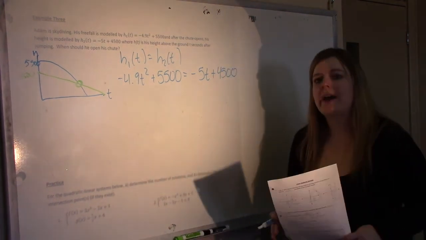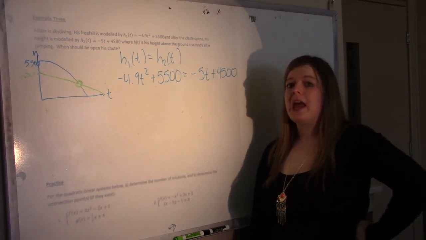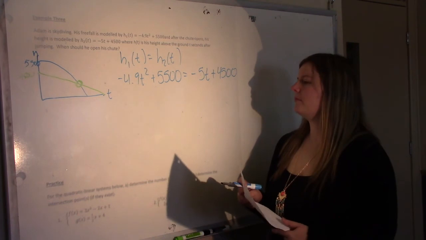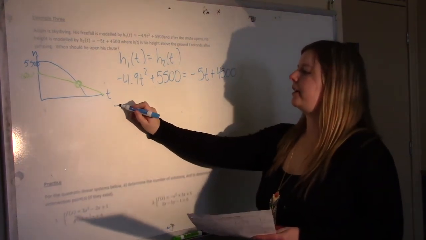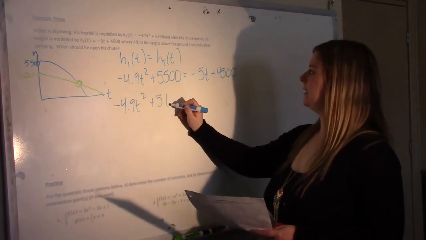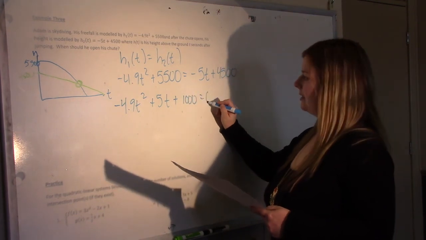I encourage you now to pause the video and try to solve this on your own, and then watch my example and make sure you did it properly. First you rearrange everything so it's on the same side. So minus 4.9 t squared plus 5t plus 1,000 equals 0.